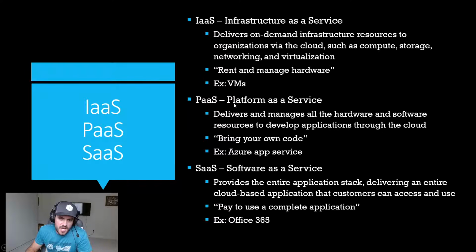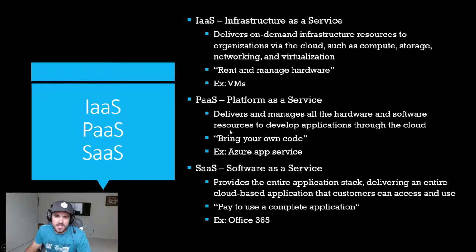You then have PaaS, so this is Platform as a Service, which is where you are going to deliver and manage all the hardware and software resources to develop applications through the cloud. Okay, so essentially, it's going to require you to bring your own code that your application needs to run and work and function and be delivered.